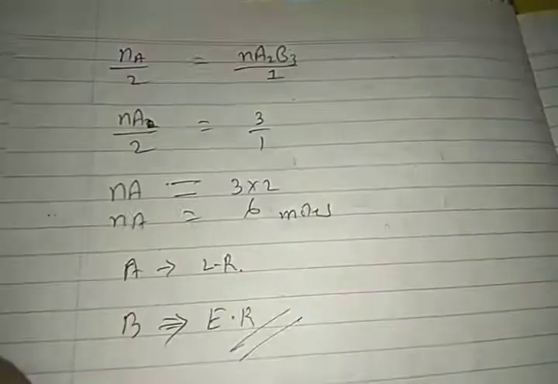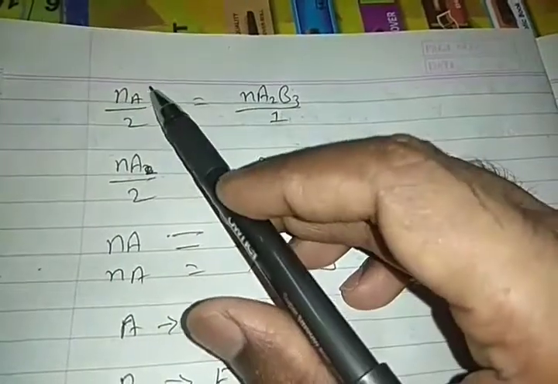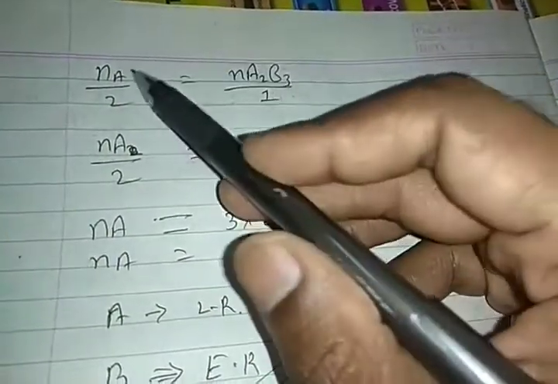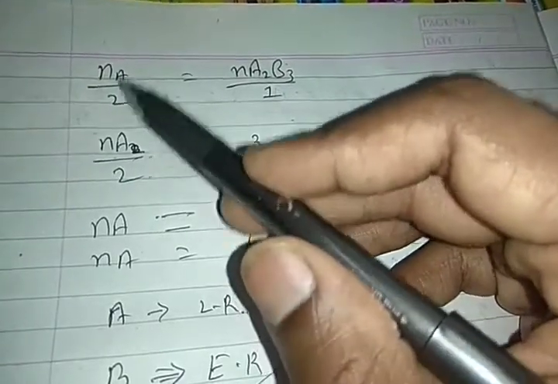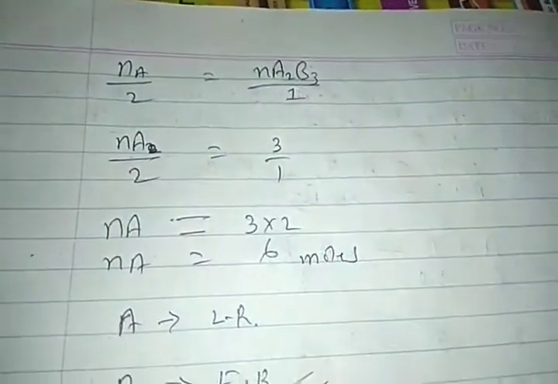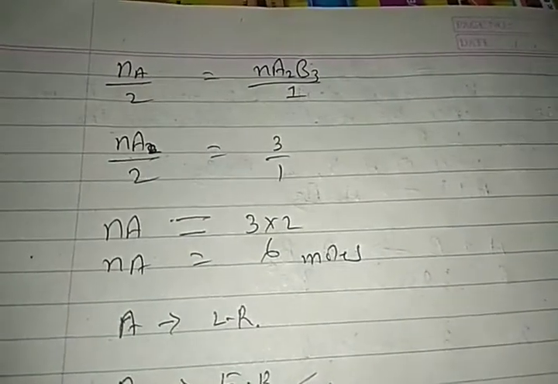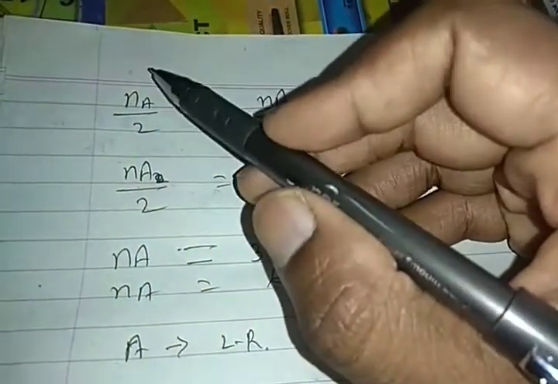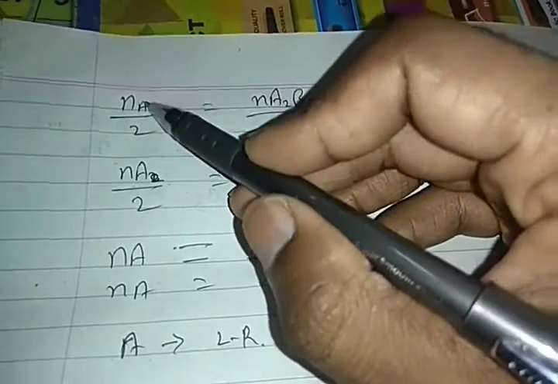Right, students? Understood? So continue. What is the number of moles of A consumed here? Here we are calculating how many moles of A are consumed out of 6. We know the moles of A is 6.